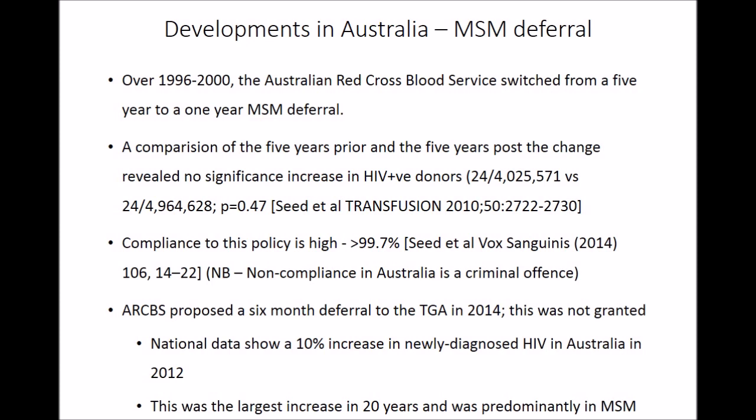But let me tell you something. I don't know how many of you are aware of this. Australia, fairly, not uniquely, but fairly rarely in this field, in each of the 8 jurisdictions, it is a criminal offense to make a false statement on the donor history questionnaire. You go to jail. It's amazing what speed limits and similar measures do.